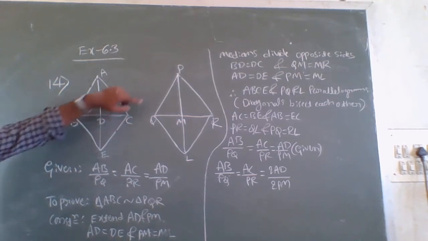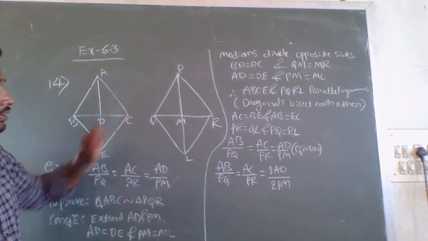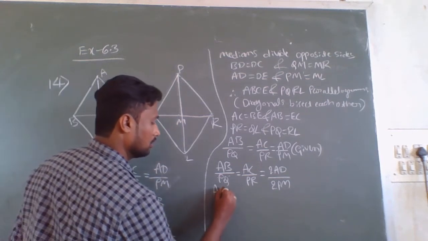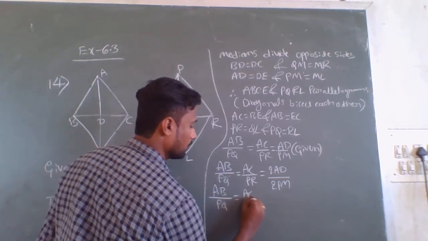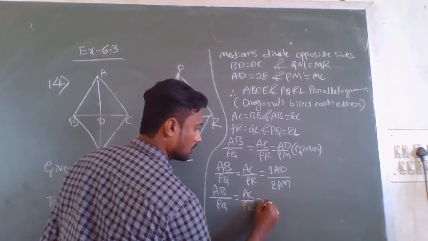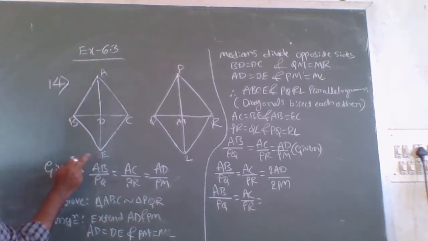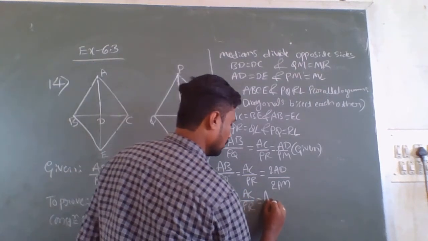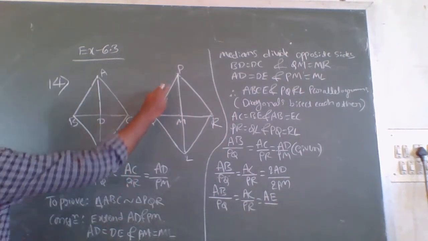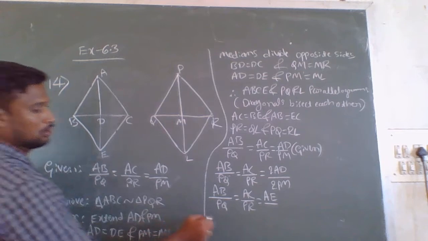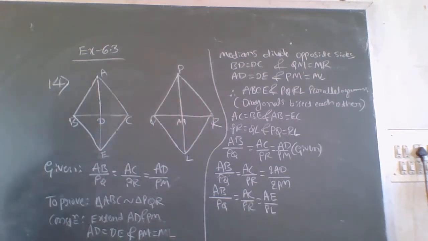Like that only here also, 2 PM you can write PL. So here AB by PQ equals AC by PR equals 2 AD, which you can write as AE, by 2 PM, which is PL. AE by PL.